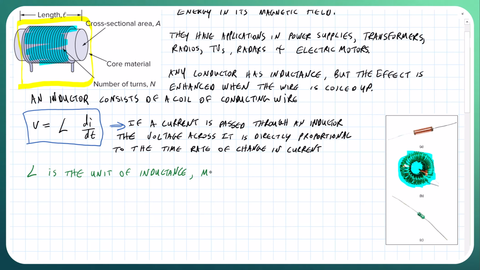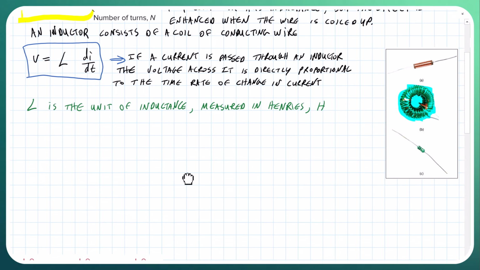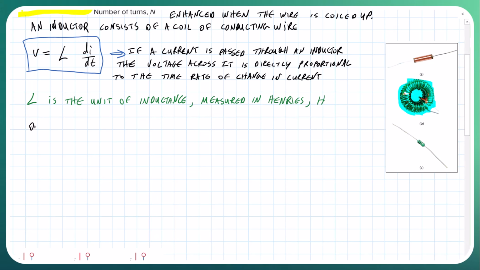It's going to be measured in henries, or H. One henry is 1 volt second per ampere.